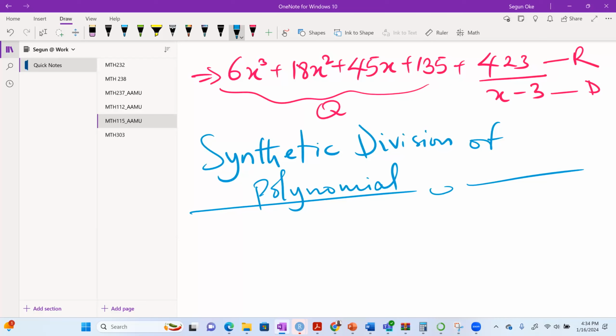Take, for example, if you have the formula f(x) over x minus c, c can be any value, depending on the question you are given.